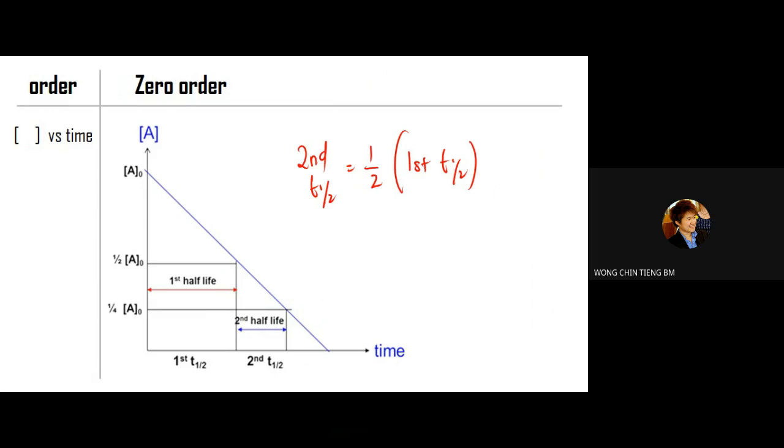Kalau graph half-life, how to prove the order? Drawing the half-life. Kalau proof linear graph, kalau kamu guna integrated rate law, think about it, how do you prove the linear graph is a second order? How do you prove that the linear graph is a first order? Boleh? Saya suruh lukis 2 graph. Dua graph saya nak ada proof.